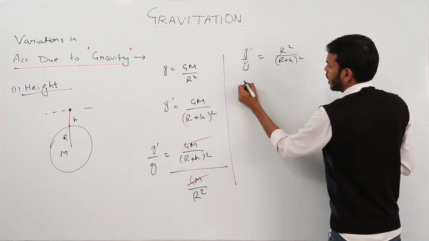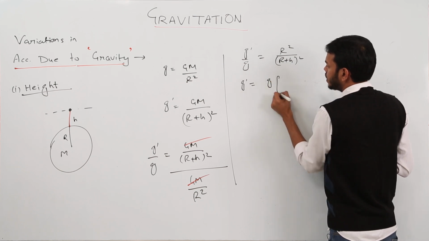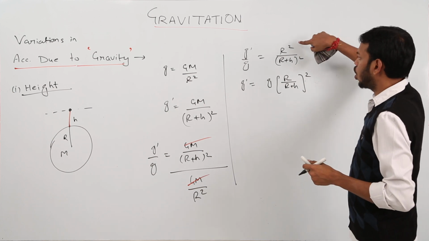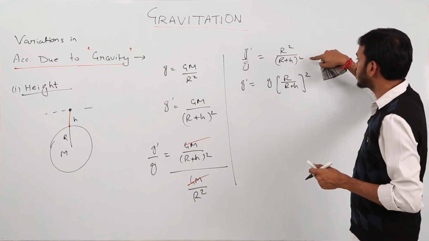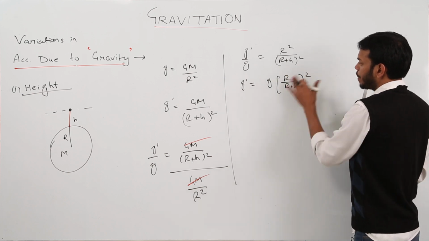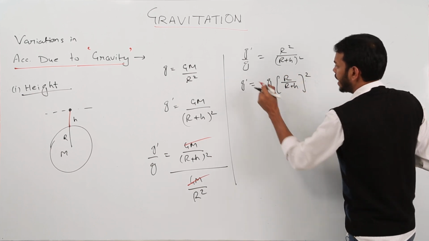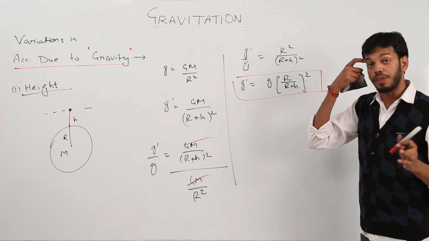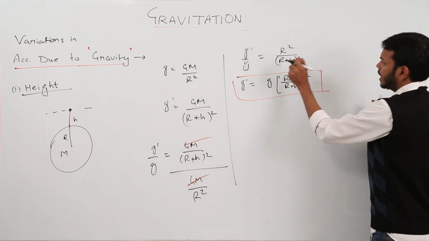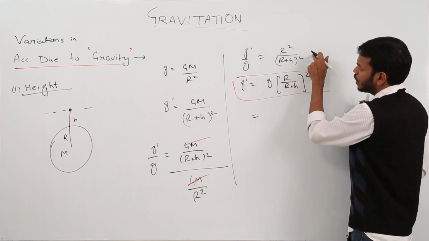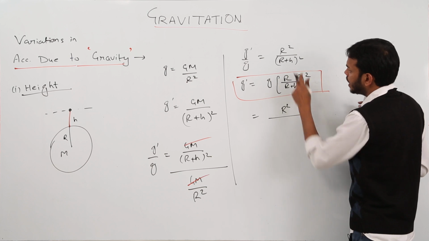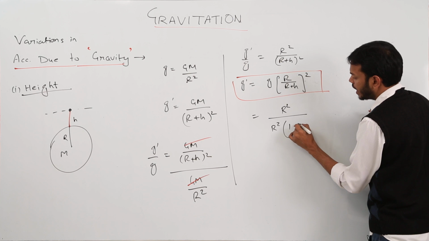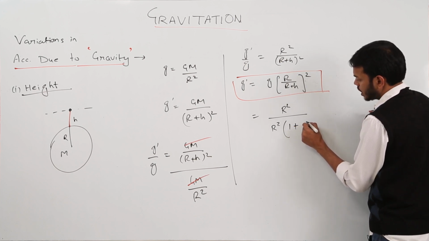This is one of the formulas. g dash is g times r over r plus h, whole square, because on both numerator and denominator I have a square, so I can take it as common. So this is one of the formulas to find acceleration due to gravity at a certain height h. But this formula can be further simplified. Just note down this formula. Now what I am simplifying is, in this equation from the denominator side I am taking r common. So r square will come out, and I will have 1 plus h over r.